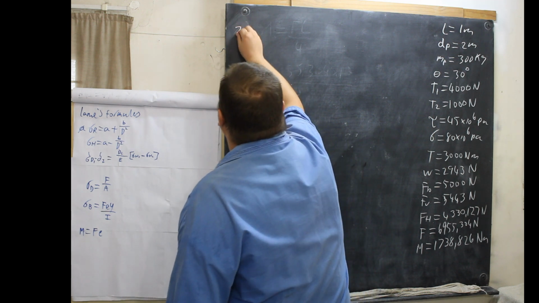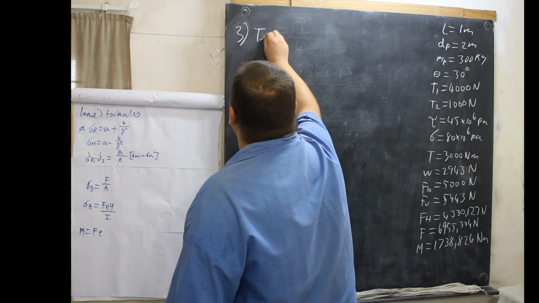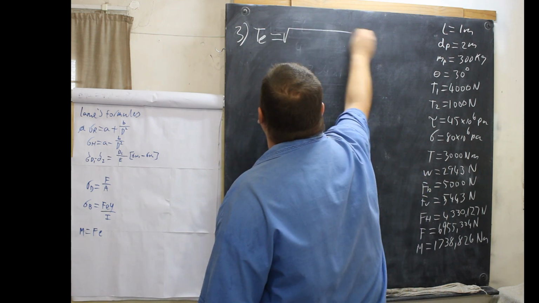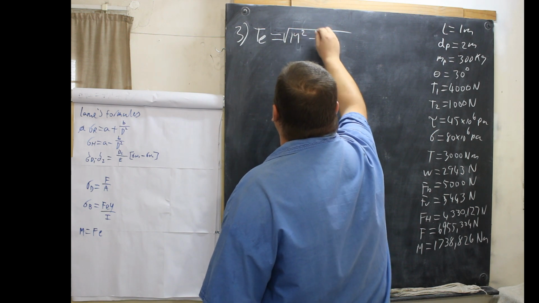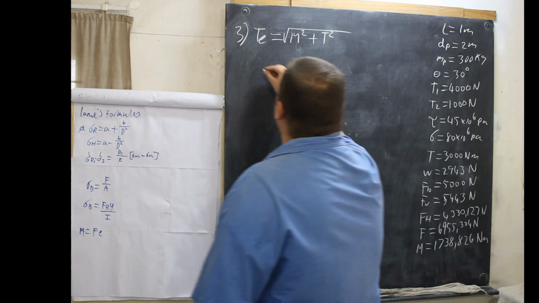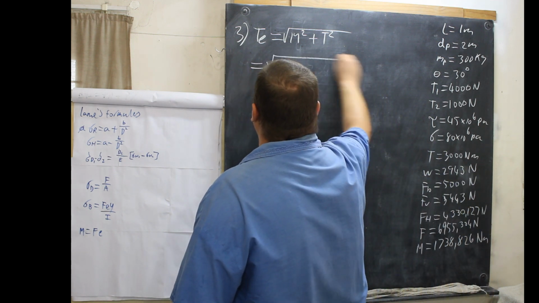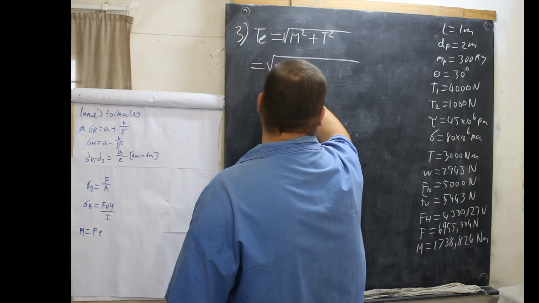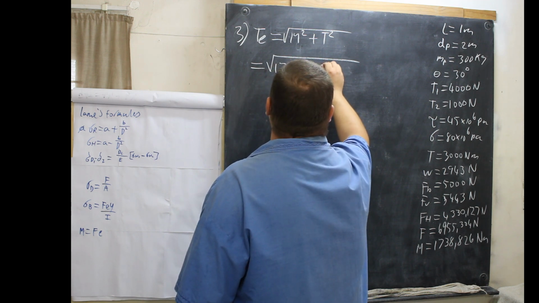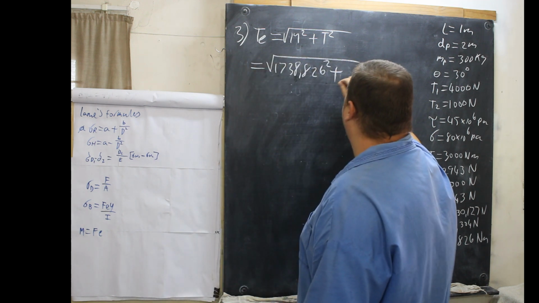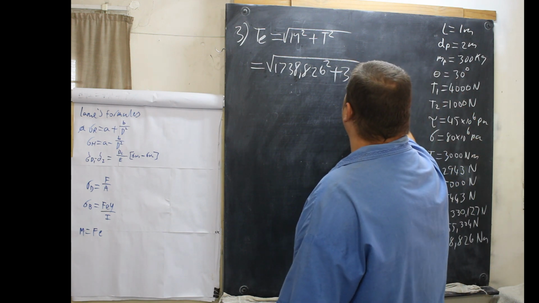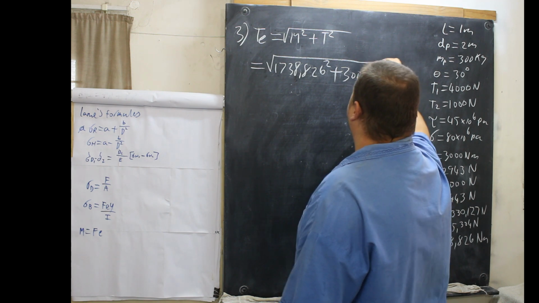So TE equals the root of M squared plus torque squared. So this will equal the root of 1738,826 squared plus the torque, 3000, squared.